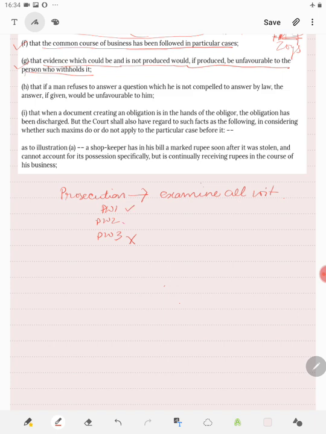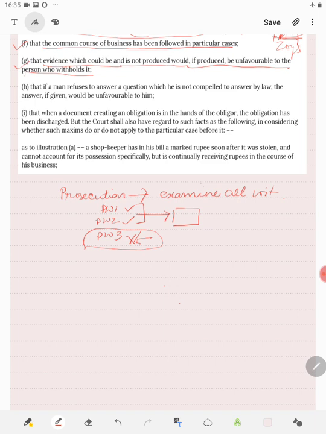PW1 and PW2 are examined, but the prosecution case is fully established by their evidence. Then a presumption cannot be raised that PW3 was not examined, and therefore the prosecution case has failed.